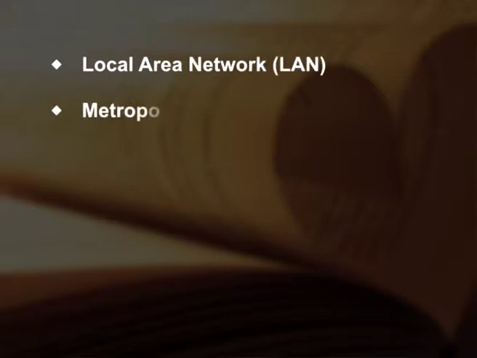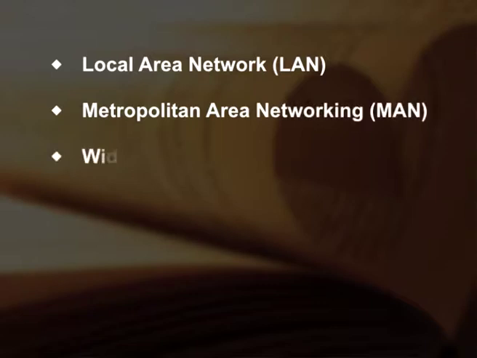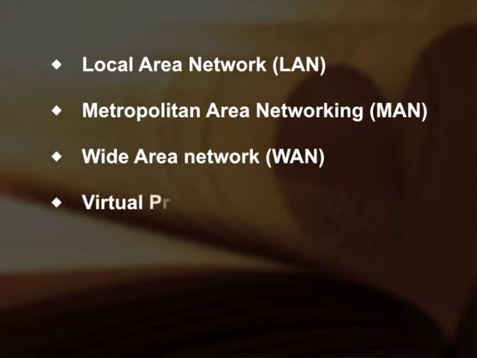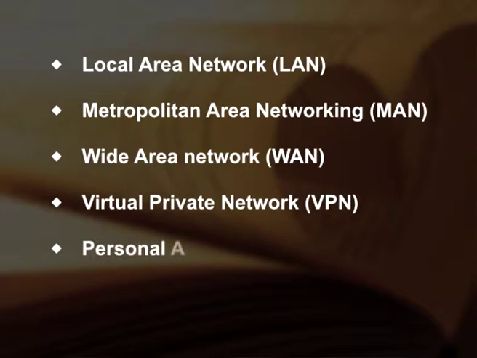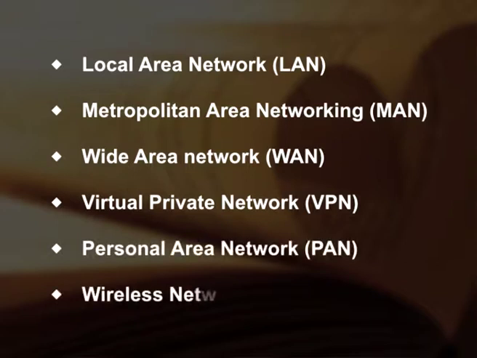The network can be classified into the following categories according to geographical space: Local Area Network or LAN, Metropolitan Area Network or MAN, Wide Area Network or WAN, Virtual Private Network or VPN, Personal Area Network or PAN, and Wireless Network.